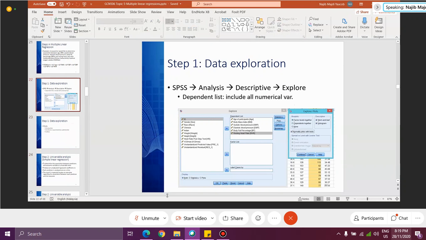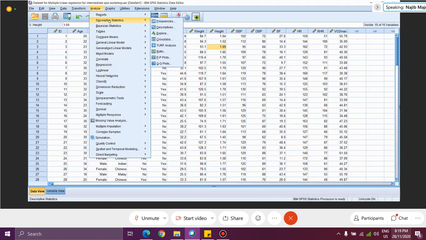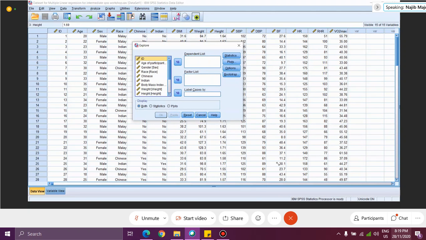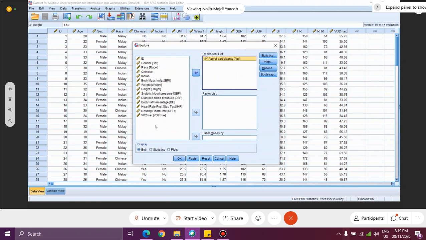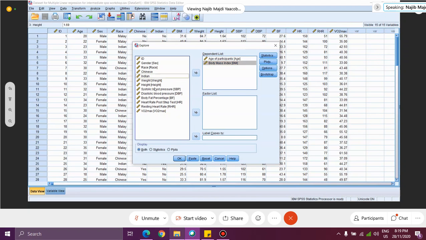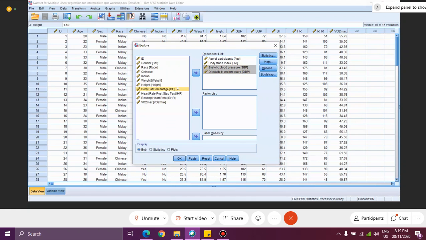So for example, let's perform this analysis. Data exploration. We do data exploration by using the explore function. For example, age, BMI, SBP, DBP.